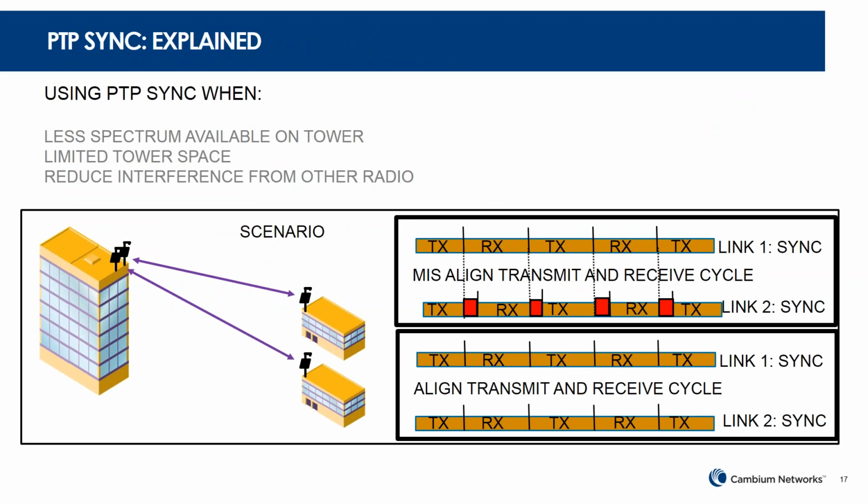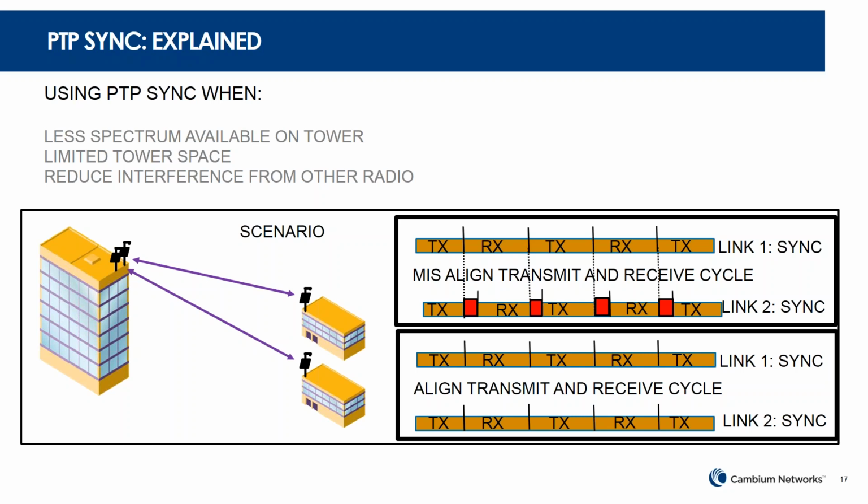It also supports PTP sync. Basically, PTP sync is for when you have two radio towers which are close enough but are at a slightly different angle, and they're using the same frequency. Because of the TX and RX mismatch, there's going to be some duty cycle that gets overlapped, and that's going to cause cross interference with each of the radios, and that's going to eventually increase packet loss, and then you reduce your actual throughput along the way.